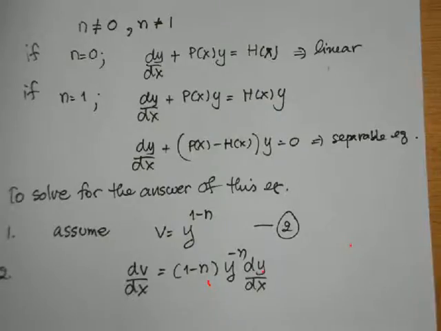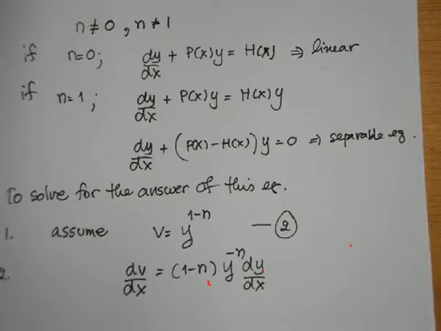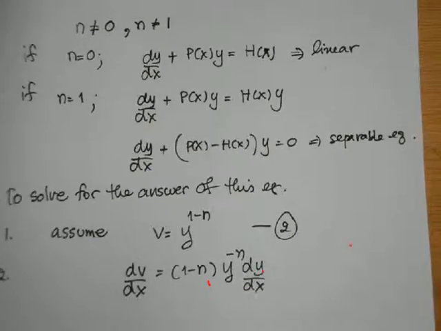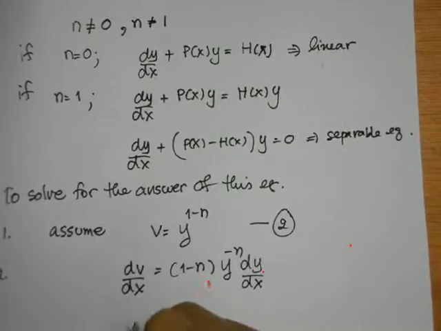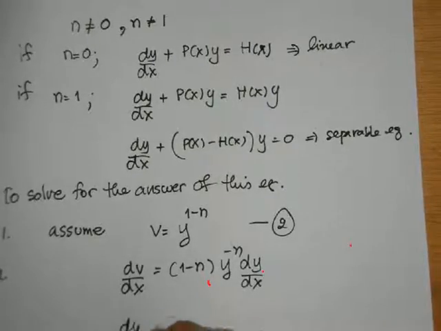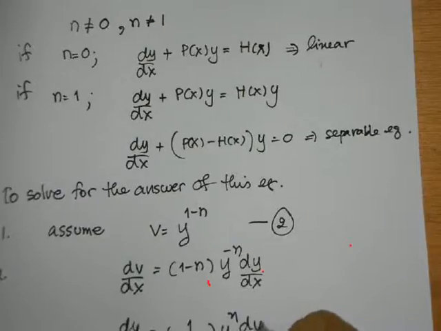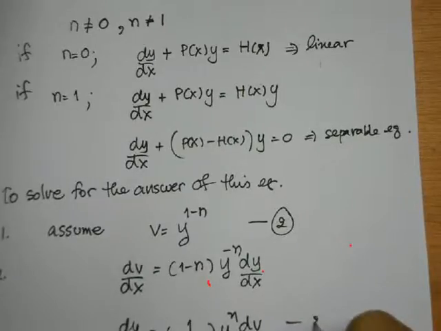We are going to change equation 1 from dy by dx to dv by dx. So we have to write down dy by dx equal to, equation 3.